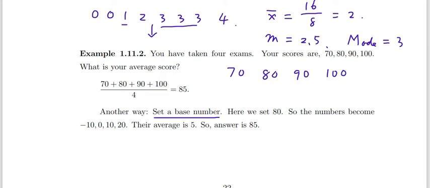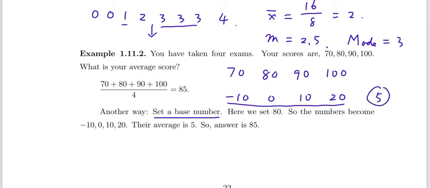So if we set 80 as 0, this becomes 0. This becomes 10 now, right? And 70 becomes negative 10, and this 100 becomes 20. So the average is easy, right? Because 10 and negative 10 cancel. So this is just 20 divided by 4 equals 5.